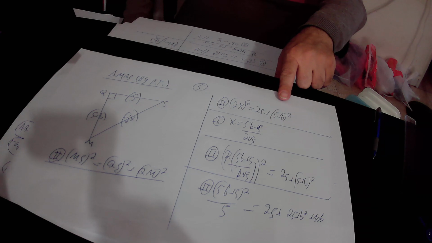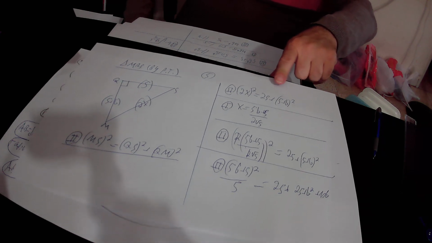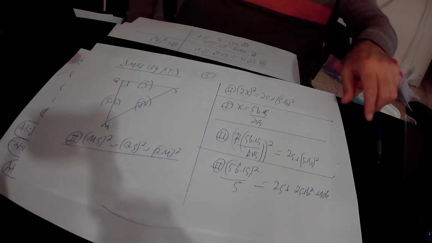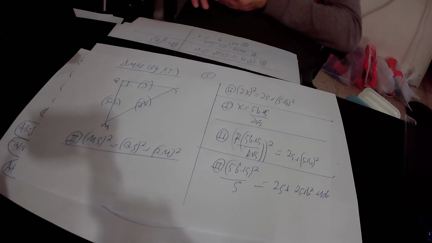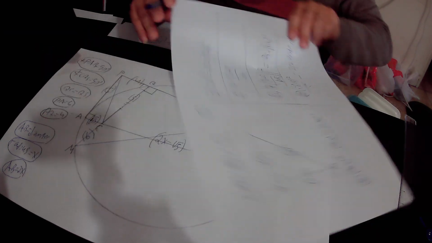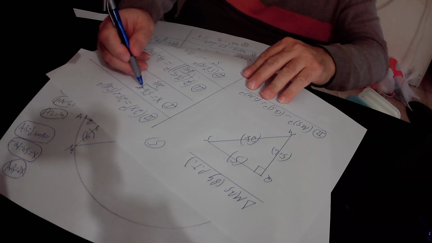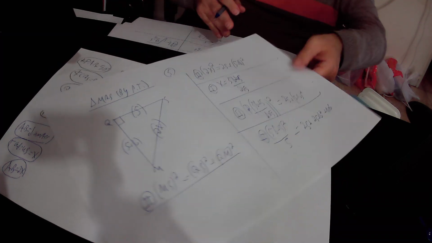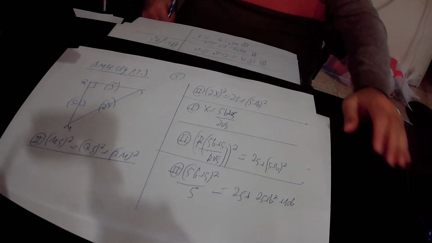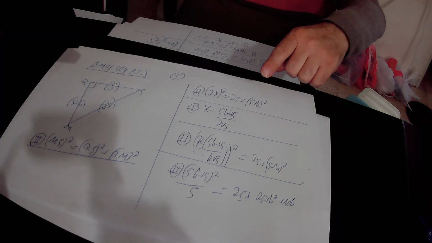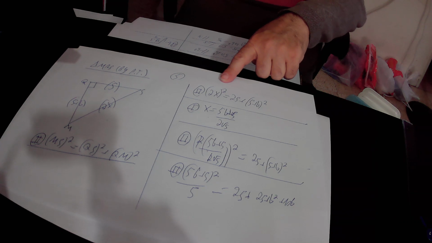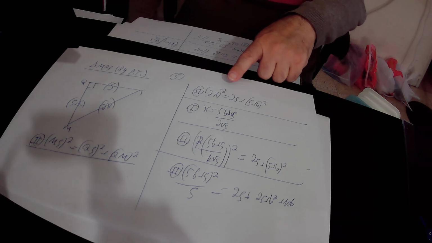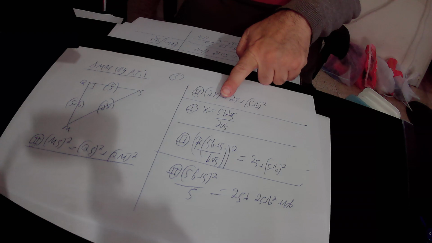Well, according to equation number 1, we have already found out that x equals (5b plus 5) over 2 times the square root of 5. Now we can substitute x in equation number 2 by the value of x that we found in equation number 1.